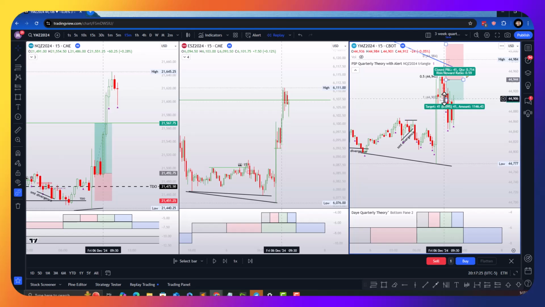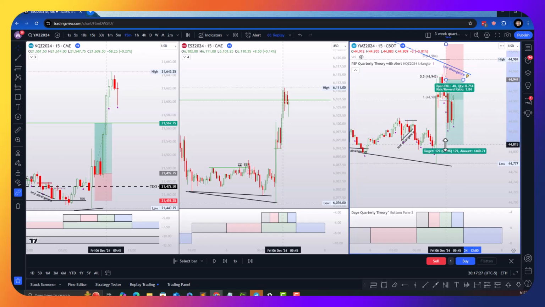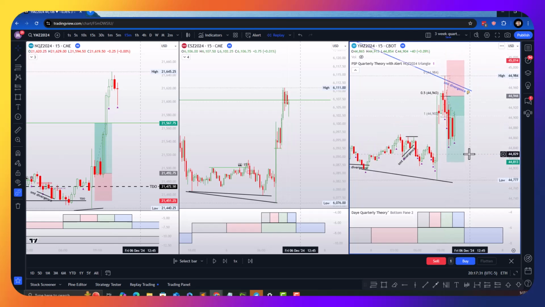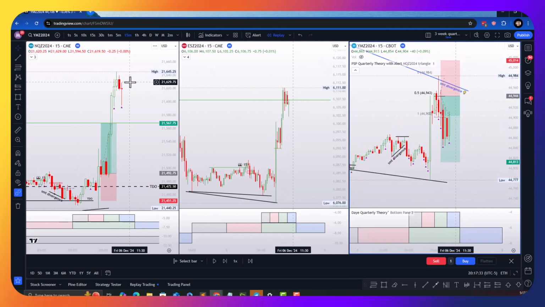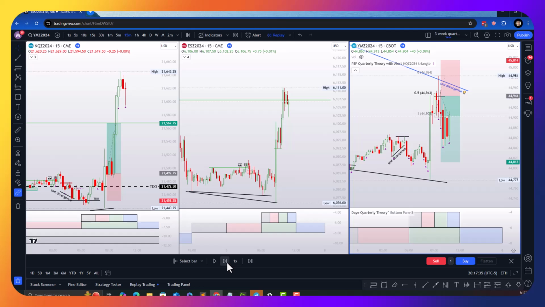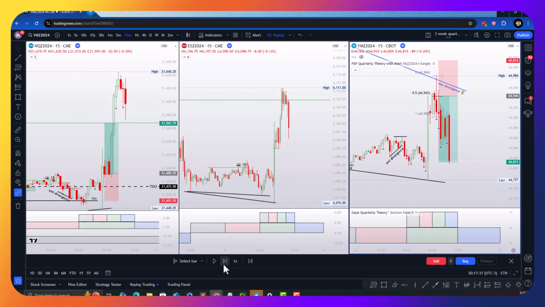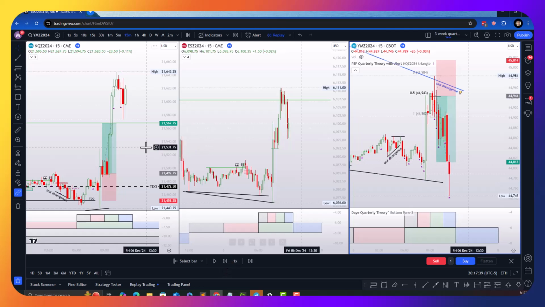And look for either down here or new low of day. But let's keep going. Okay, you get the new low of day there. That's fine.